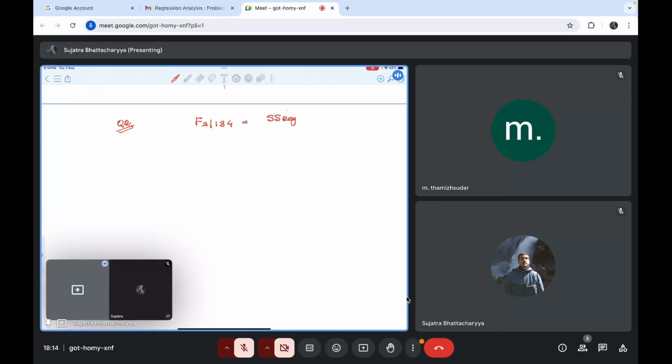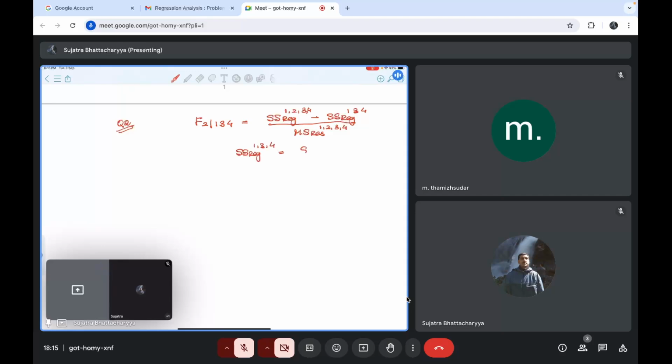Same, SS regression of the full model minus SS regression of now 1, 3, 4, divided by the MS residual of again the full model. So some part is already calculated, that is SS regression of 1, 2, 3, 4 and MS residual of 1, 2, 3, 4. So the SS regression of 1, 3, 4 needs to be found out.